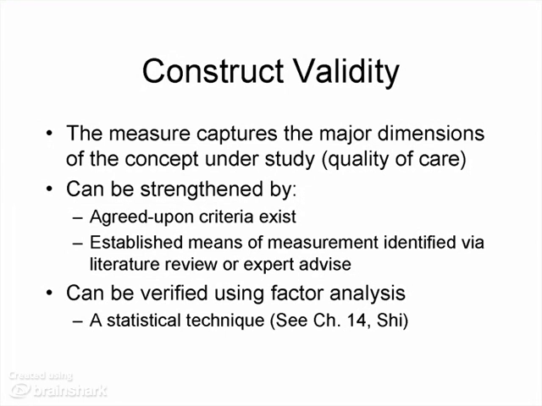Construct validity is a little bit more difficult because you're measuring a construct that has many dimensions and may be more abstract. So you have to use agreed upon criteria or established measures from the literature. It can also be verified by factor analysis, which is a process that will look at, do your indicators measure the constructs for which they are intended.